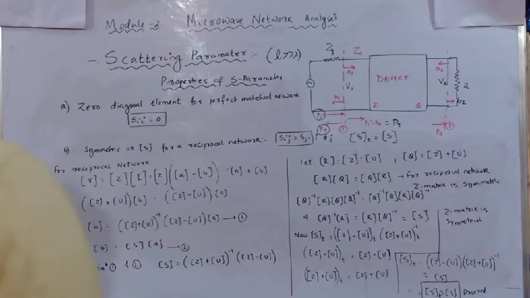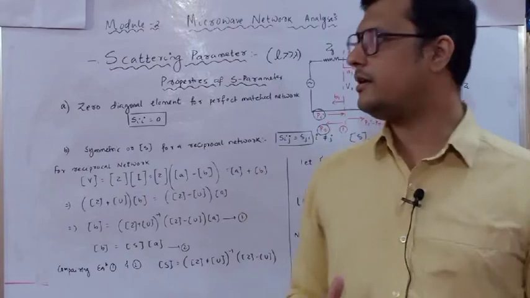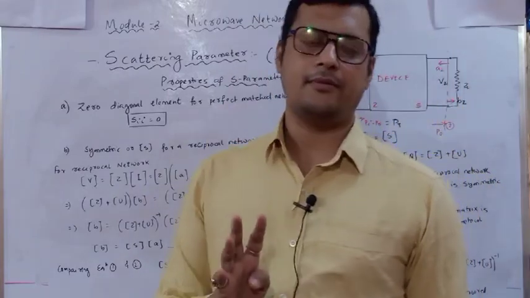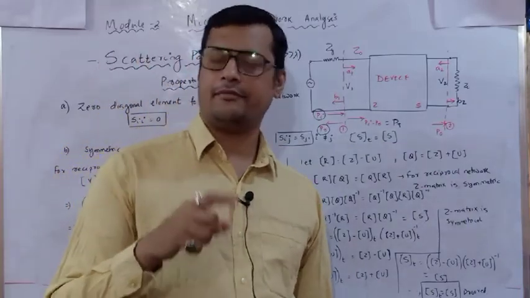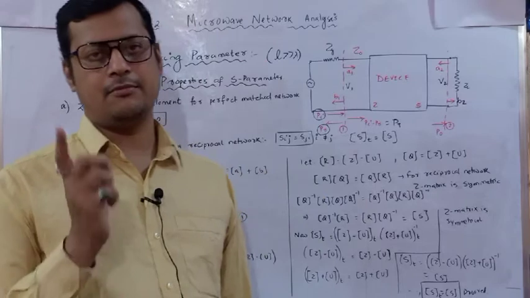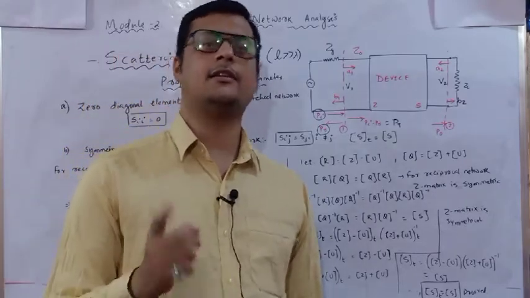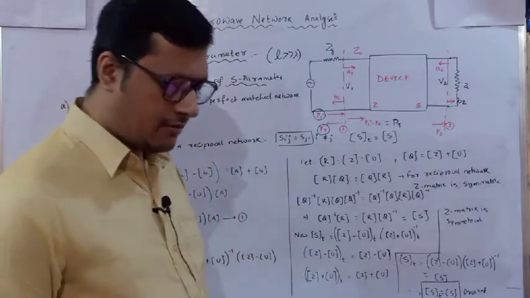Now we are going to discuss the properties of the S parameter. Basically there are four properties. First, the diagonal elements: if all are 0, then by seeing that matrix we can judge that the network is lossless in nature. Why lossless?